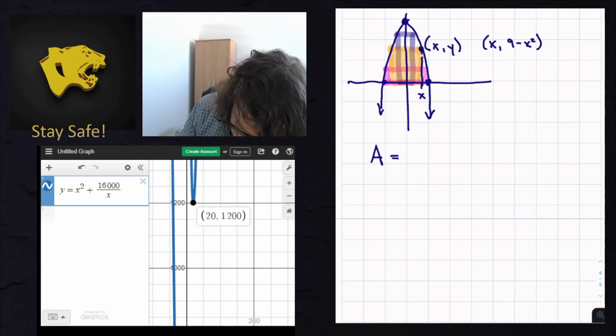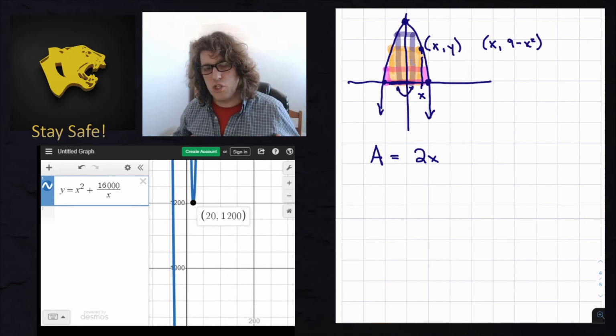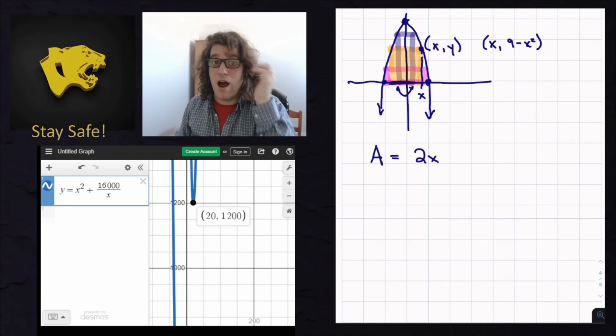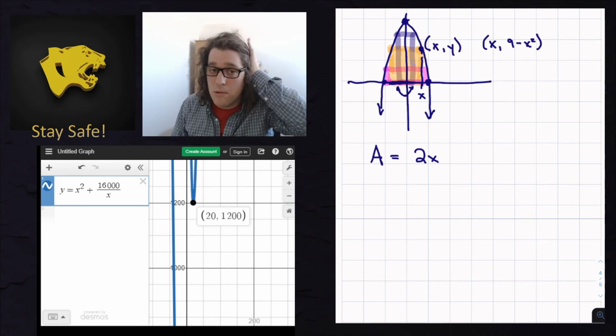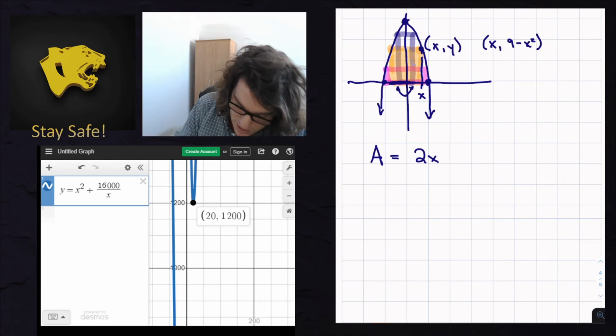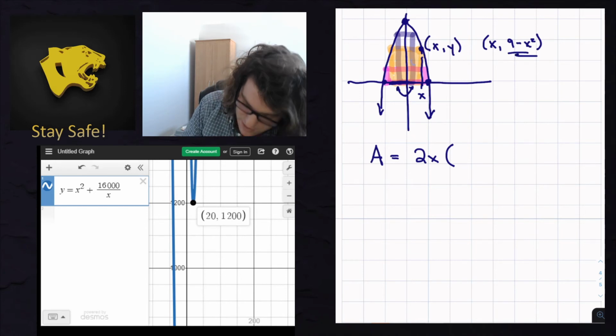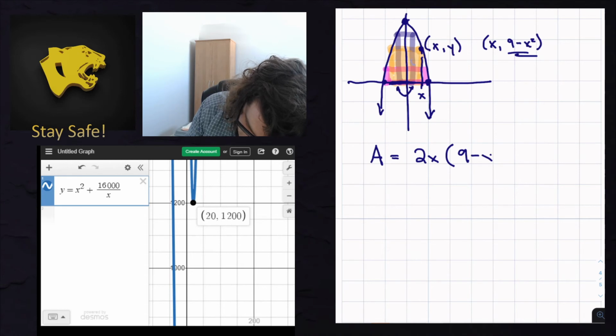So it's going to be 2x, because there's an x here and there's an x here. So the entire width all the way across is going to be 2x in terms of the way that I have labeled it. Now, we could label it differently, but I'm pretty comfortable with that. So 2x across the bottom. Next up, the height is going to be the y value of that corner, which is 9 minus x squared.